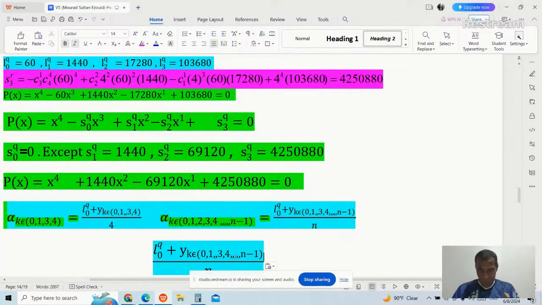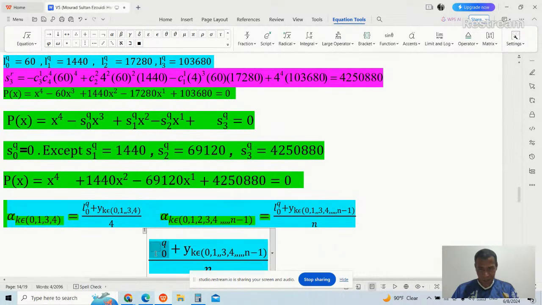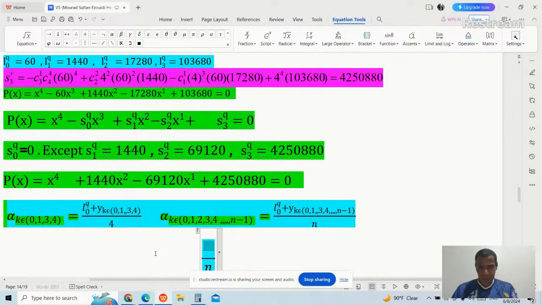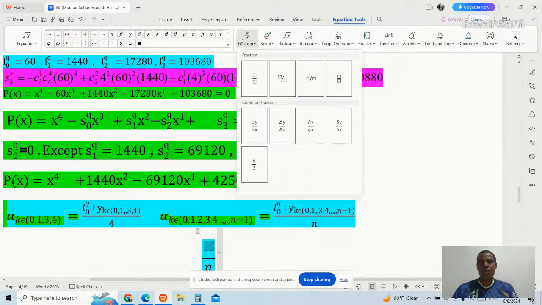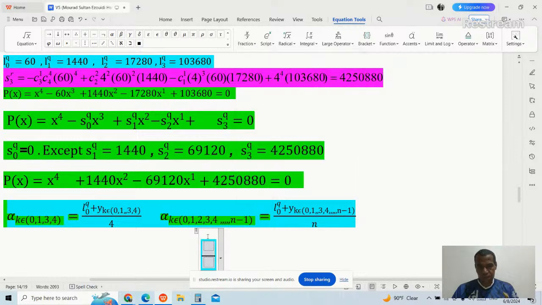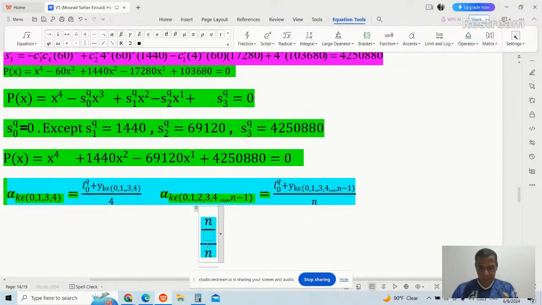Therefore, I will write here 2k plus 1 equals n minus 1 divided by 2. This is what you should exclude.